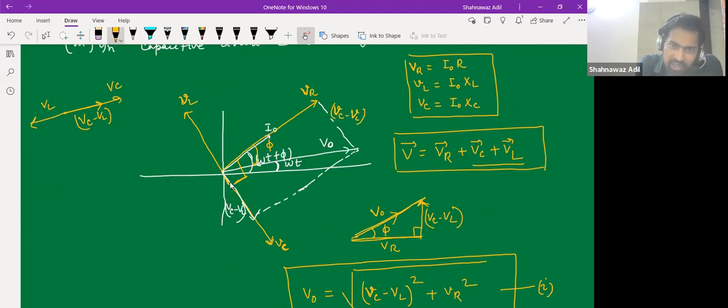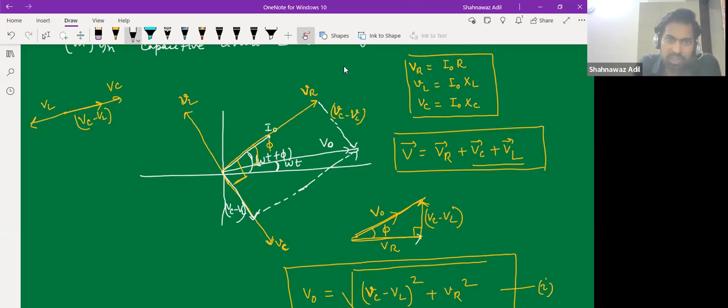In capacitive circuit, current is ahead by 90, right? And then we take the resultant of these two, VL and VC vector. So this would be VC minus VL, right? So then we have this kind of graph, and then this would be the result. So when we use this parallelogram law, we had this vector and we have this vector. So we make the parallelogram and then this would be the resultant vector, right?